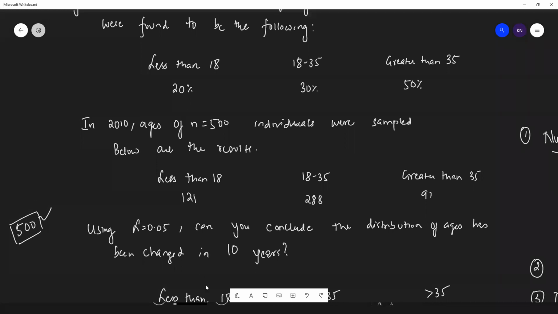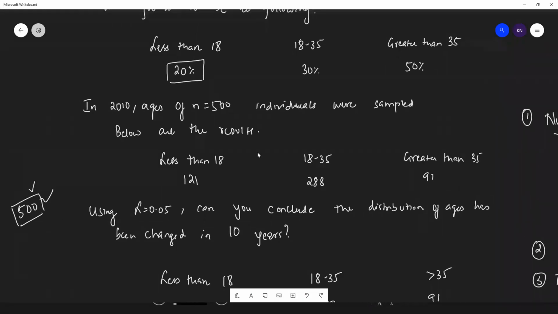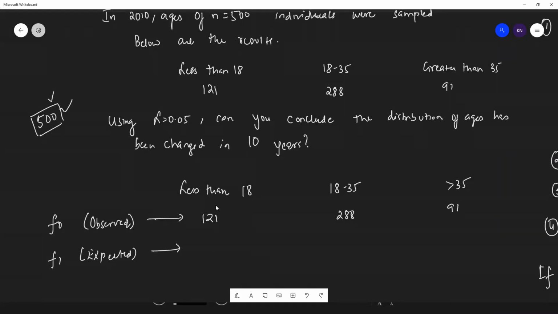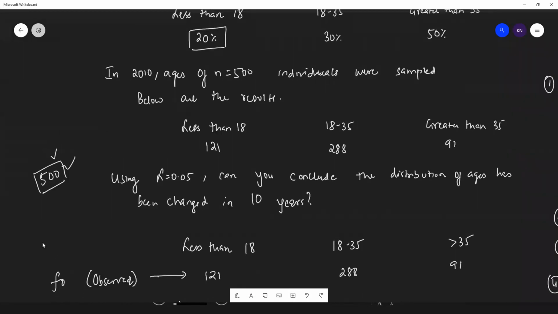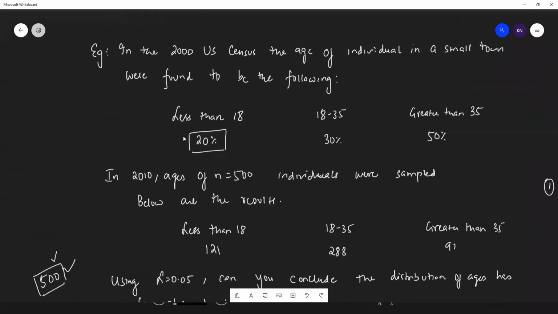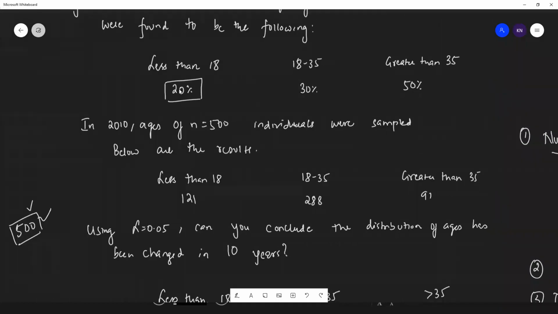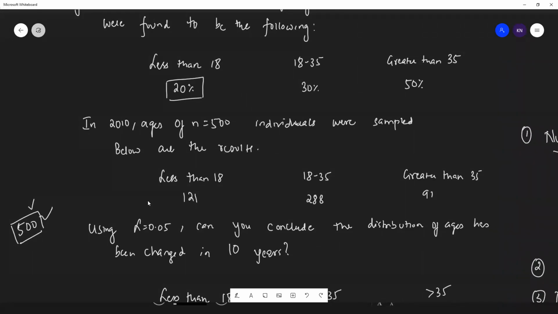So what we do is multiply this 500 by this 20%. That basically means that out of this 500, 20% will be less than 18, right? So what is 500 multiplied by 20%? Can I write this as 100? Perfect, because 20 by 100 is nothing but 0.2, so 0.2 multiplied by 500 will be 100.